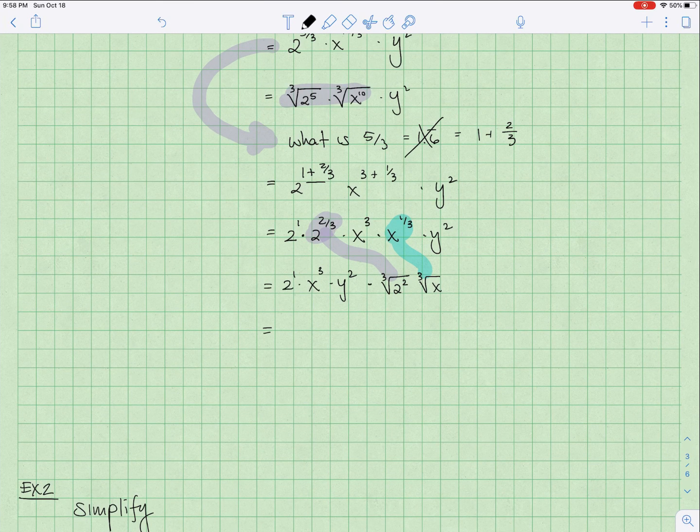Now, since those both have the same order on the radical, the same power on the radical 3, I can rewrite this as 2x cubed, times y squared times the cubed root of 2 squared times x. And I can finally simplify this as 2x cubed y squared times the cubed root of 4x. And that is the simplified version of this expression.